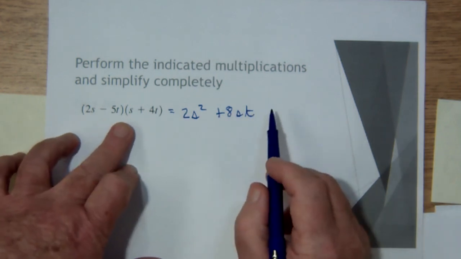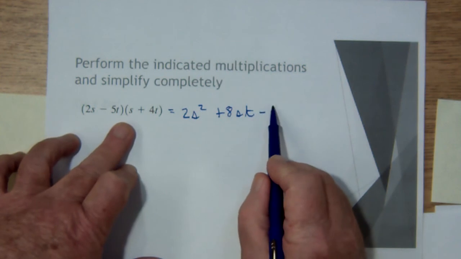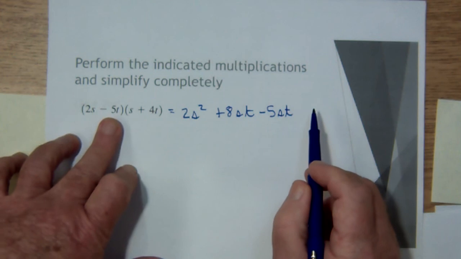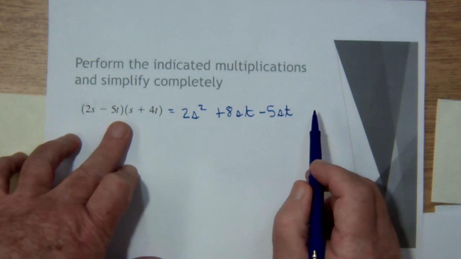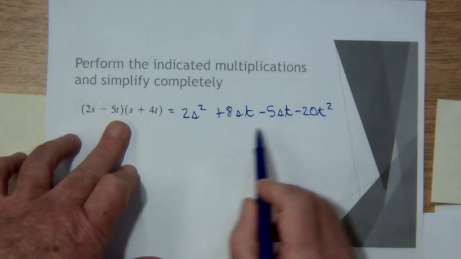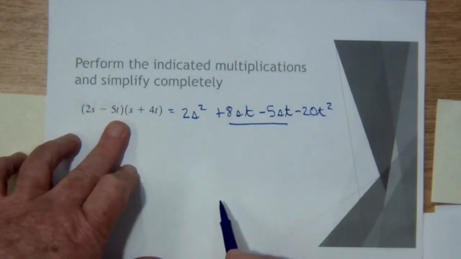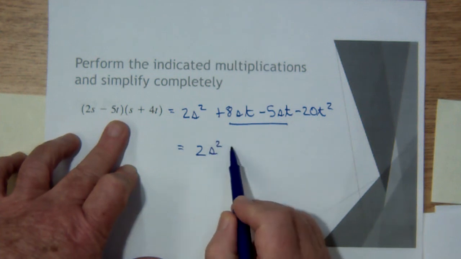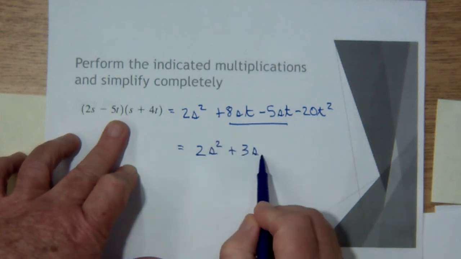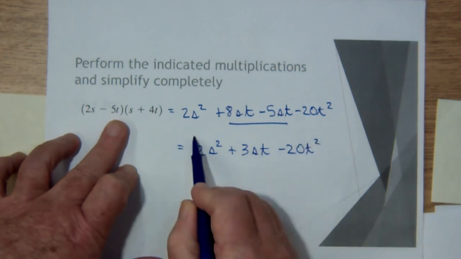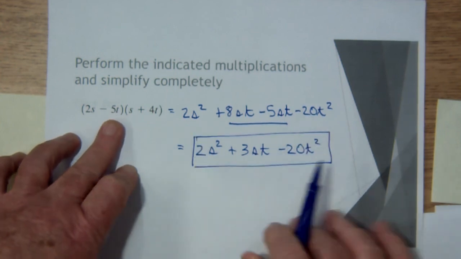Minus 5t times s gives us minus 5st. And then we take minus 5t times plus 4t, and we get minus 20t squared. Now these are like terms, so we have to simplify that, and we get 2s squared plus 3st minus 20t squared as our final answer.